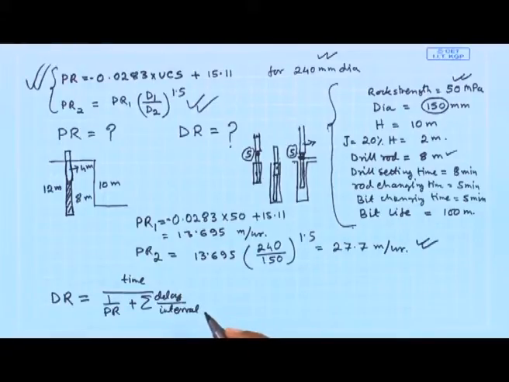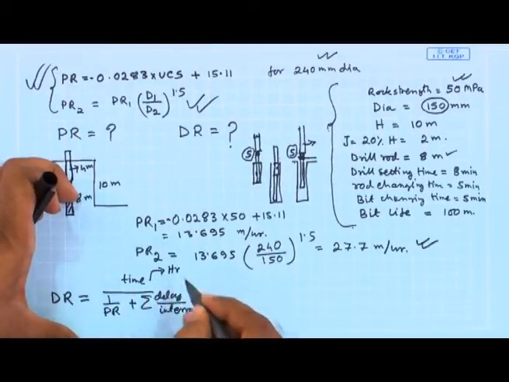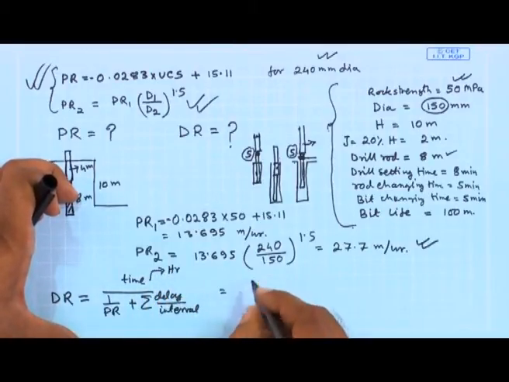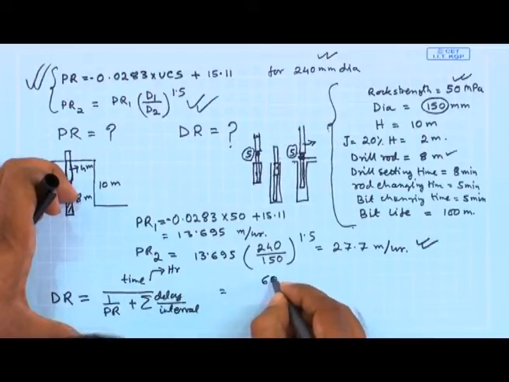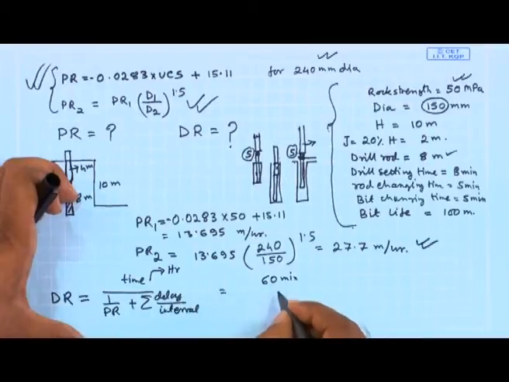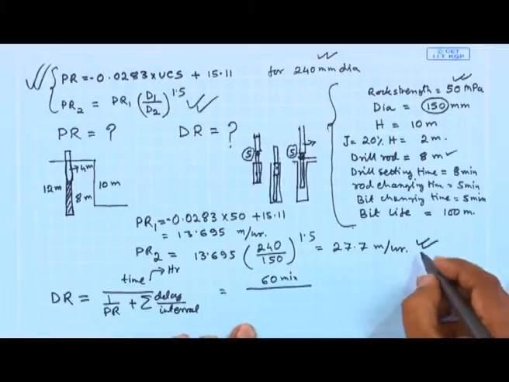So, in this case, let us consider this time is in hour. So, basically this delay time is in hour means it is 60 minute and penetration rate is 27 meter per hour.